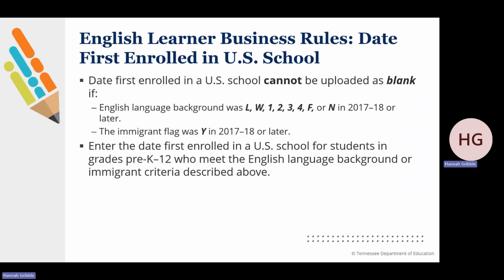The date first enrolled in a U.S. school also cannot be uploaded as blank if the immigrant flag was Y in 2017-18 or later. Enter the date first enrolled in a U.S. school for students in grades pre-K through 12 who meet the English language background or immigrant criteria described above.